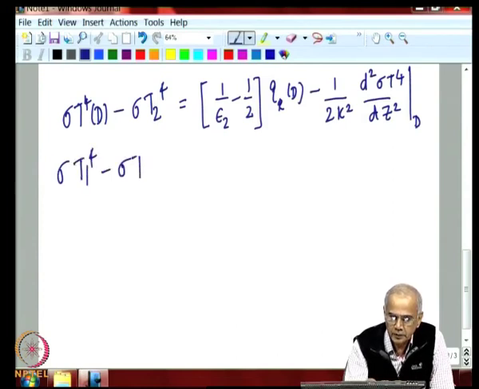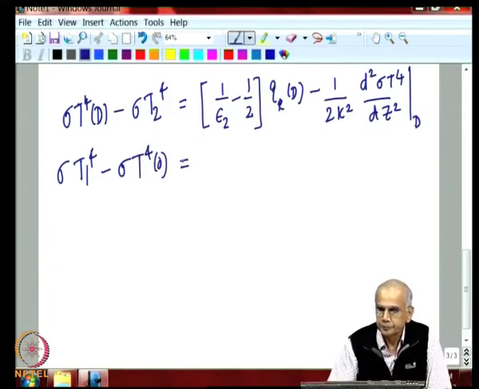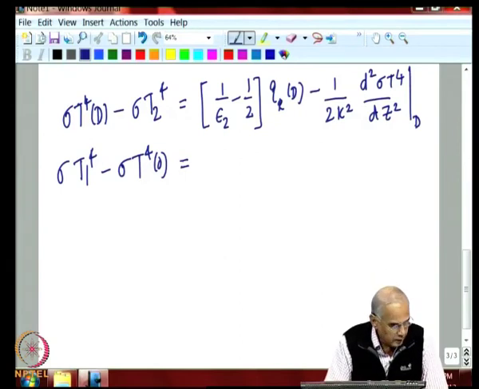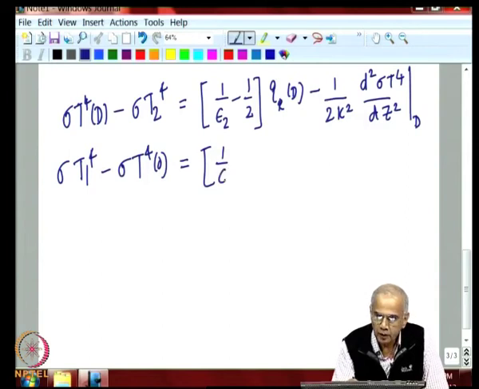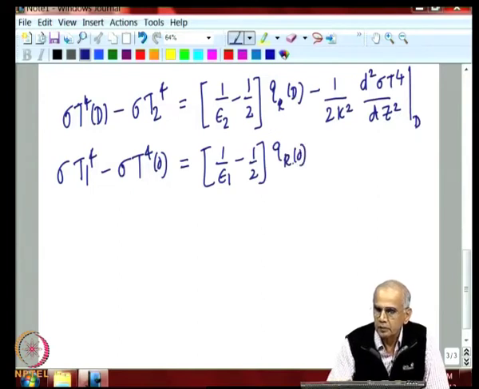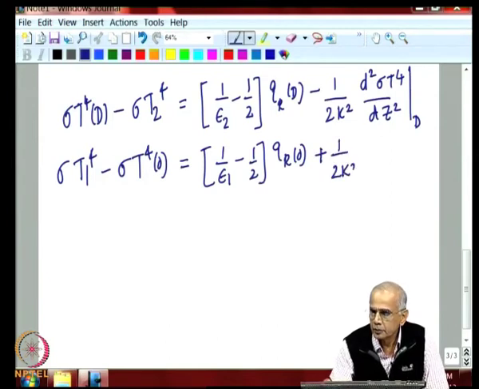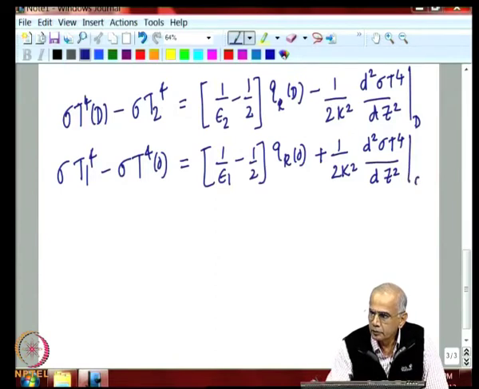the wall temperature minus the gas temperature at the wall, they are not equal, recall, and this is equal to now 1 by epsilon 1 minus half QR at 0 plus 1 by 2k squared d squared T to the power of 4 d z squared at z equal to 0.